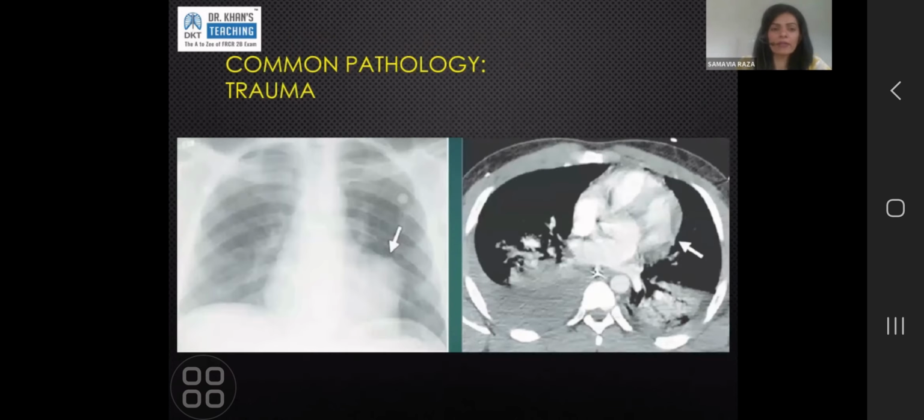The other finding, in terms of trauma, just an interesting case to put forward, is that people know blunt trauma causes cardiac contusions, and we know that cardiac contusions cannot really be picked up very accurately on CT, because they are picked up by the clinicians, the cardiologists, based on the mechanism of injury, the patient demographic.